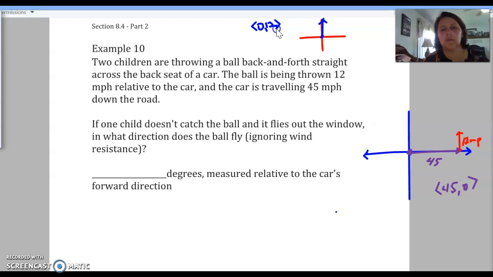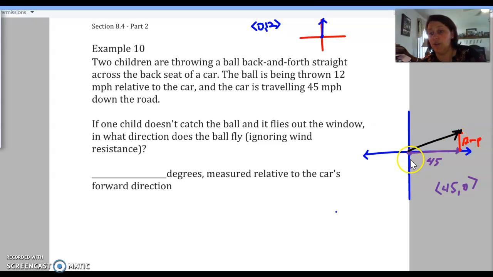So going back, the vector that is then formed from adding the vector for the car plus the vector for the ball is going to look like this. Now we want to know what the component form for this new vector is.